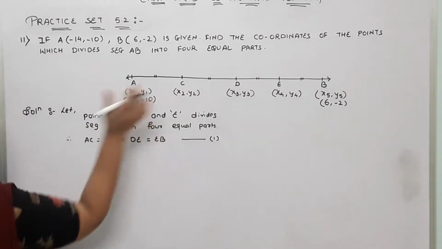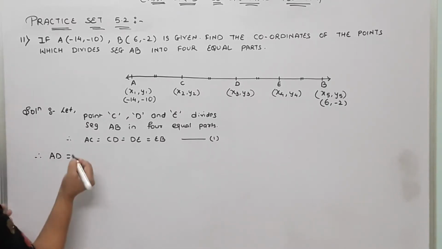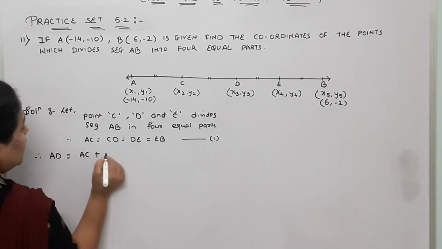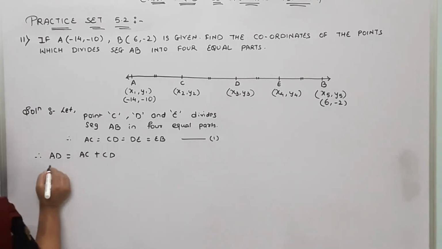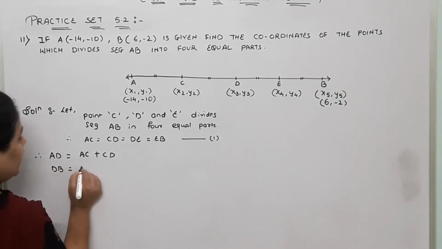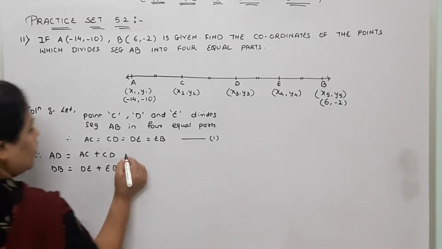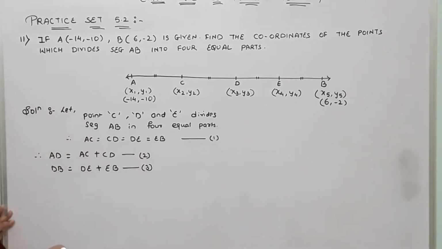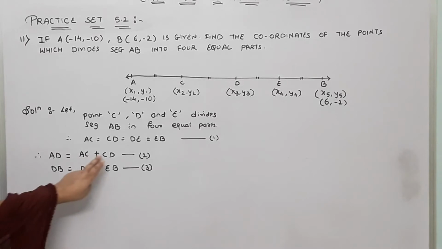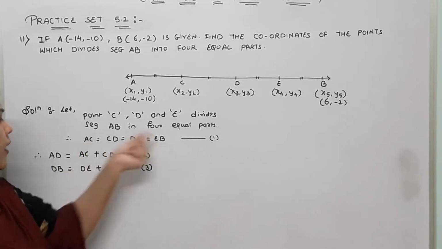Now, if I want to get AD, I'll write AD equals AC plus CD, right? And the same case for DB. DB is equal to DE plus EB. Now this can be our second equation and this is our third equation. But AC and CD are equal to DE and EB.